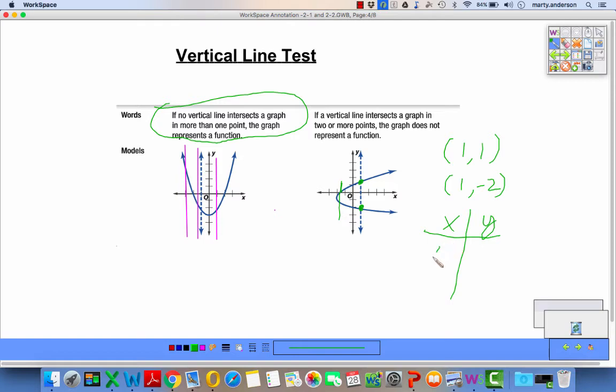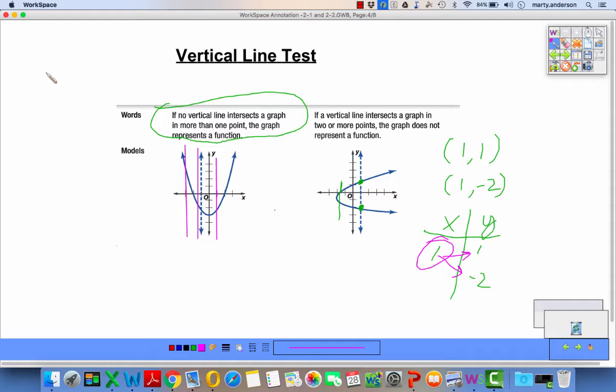And if I list 1 and did a mapping here, I'd have 1 and -2. I am not allowed to have 2 arrows coming out of the same x value. You can't have a function if you have one going to 2 different values right here. So the vertical line test is a very easy visual way to tell whether or not your graph is a function.